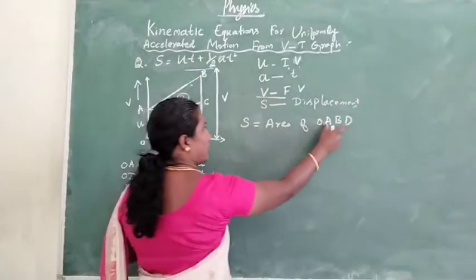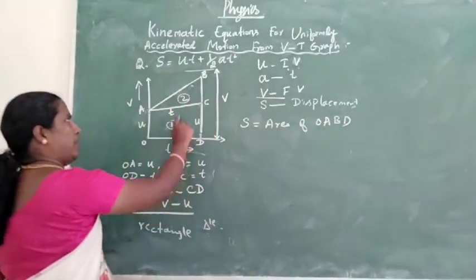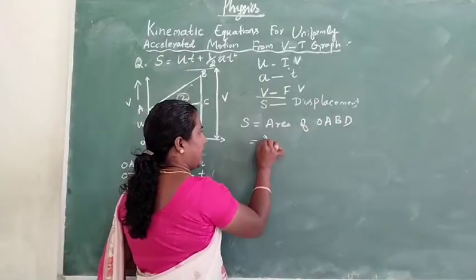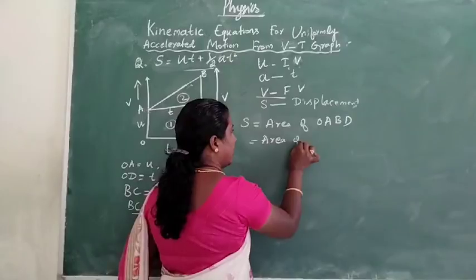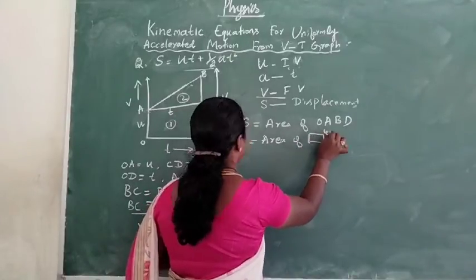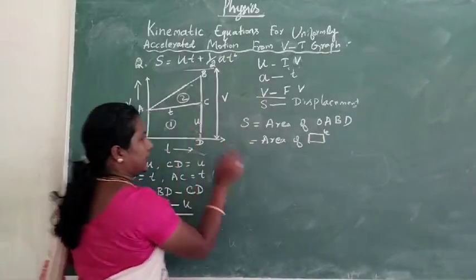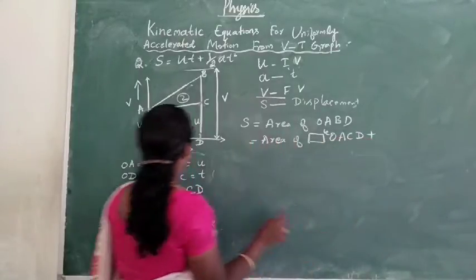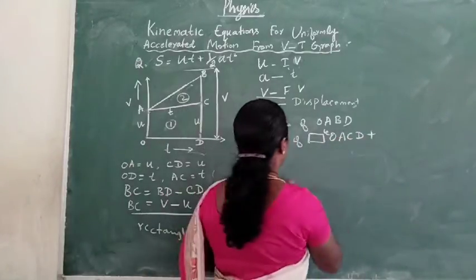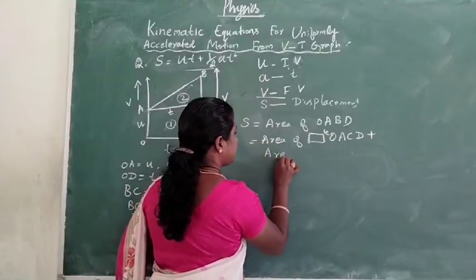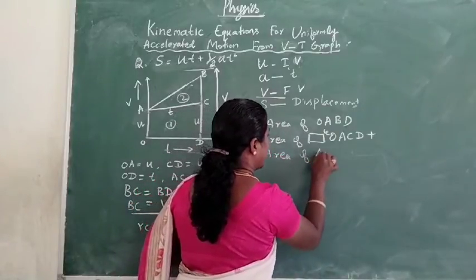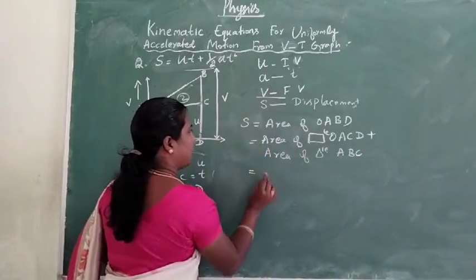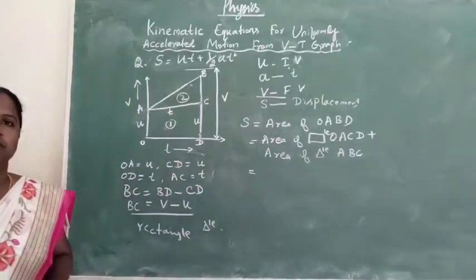This area OABD gives the sum of these two areas. So I can write here the area of rectangle OACD plus the area of triangle ABC.